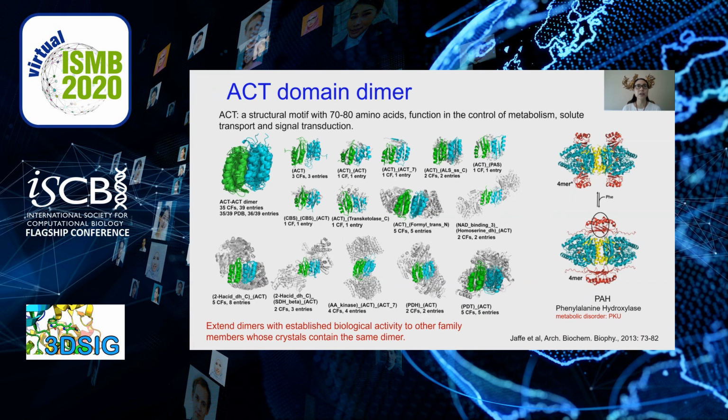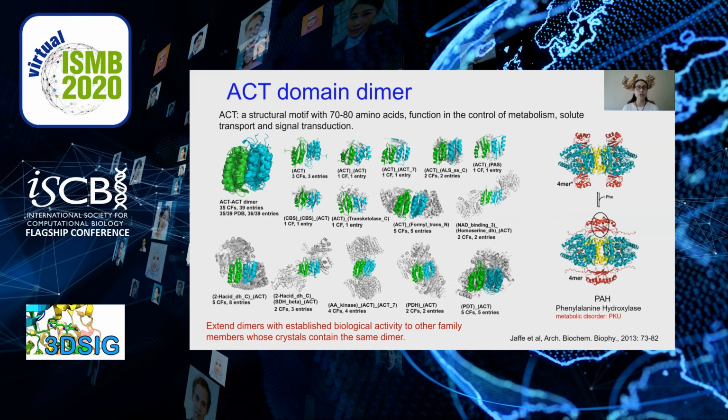Previously, ProtCID only contained chain-level interfaces. Now we have extended to the domain level. Domain-level cluster data greatly increase the number of large protein interface clusters. So I give you an example about a domain cluster: the ACT domain dimer.